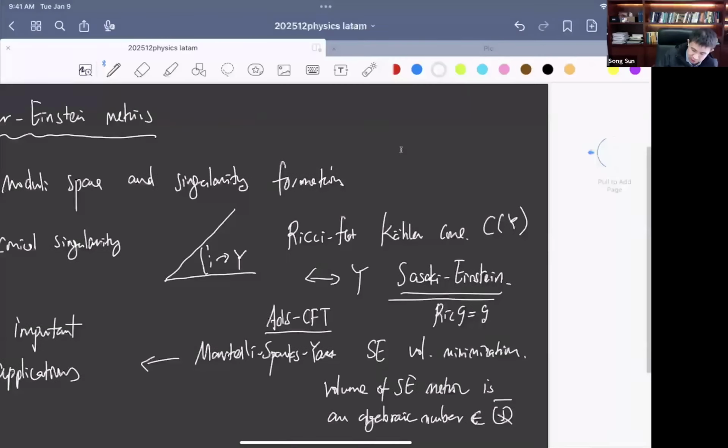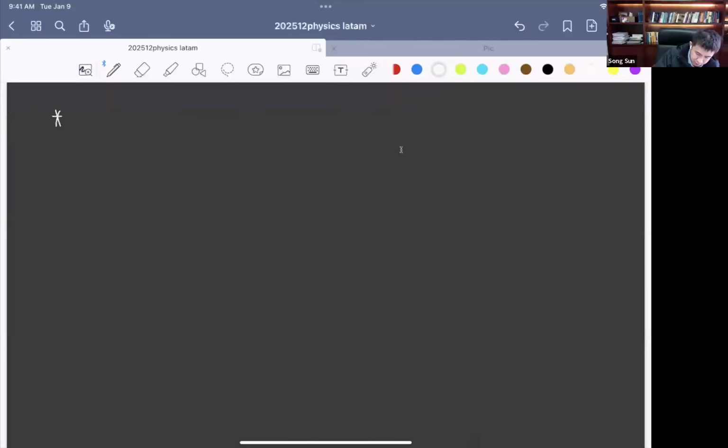And another thing, especially for Calabi-Yau metrics, is collapsing to lower dimensions.